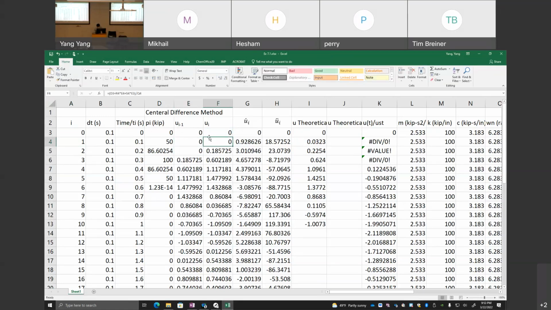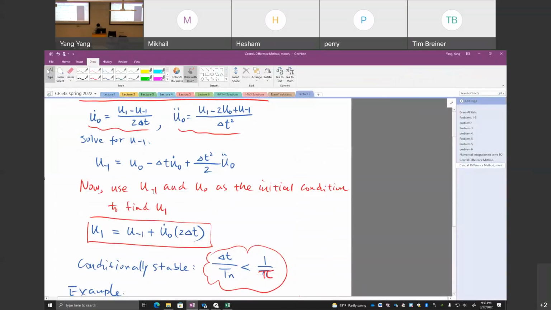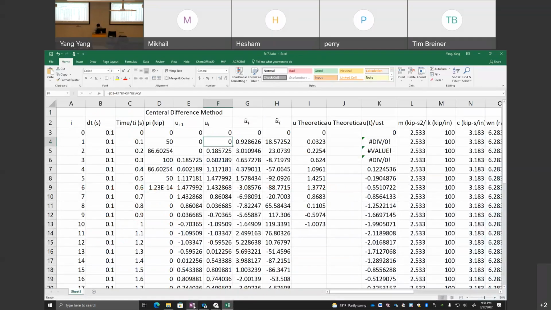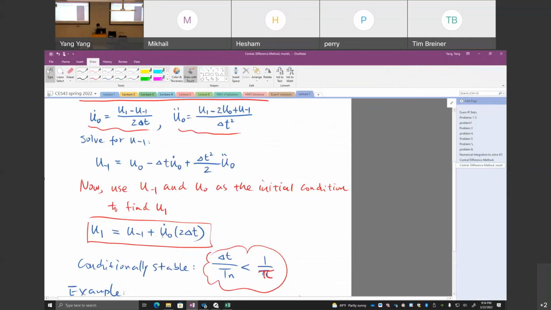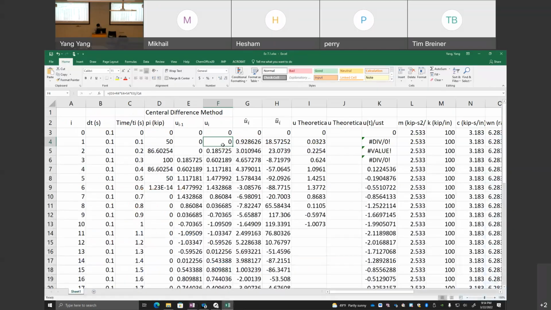And now ui can be expressed, since we have an equation for u1. U1 should be equal to u(-1) plus the velocity at time 0 times 2 times delta t over here, so that we can write the displacement, the velocity, as well as the acceleration for time 1.